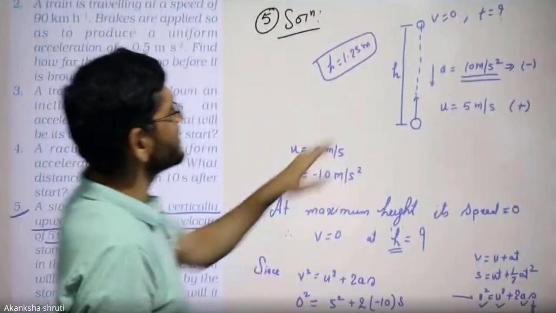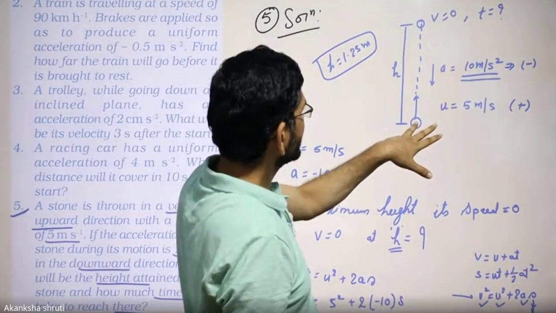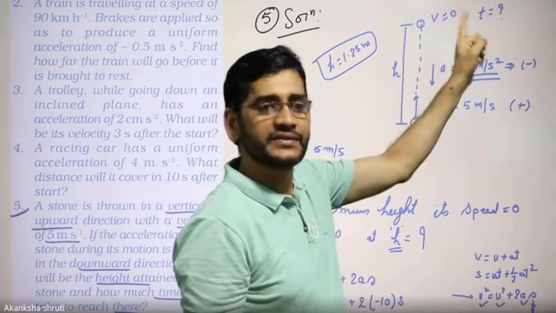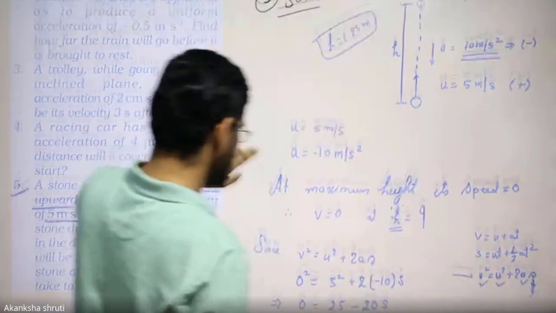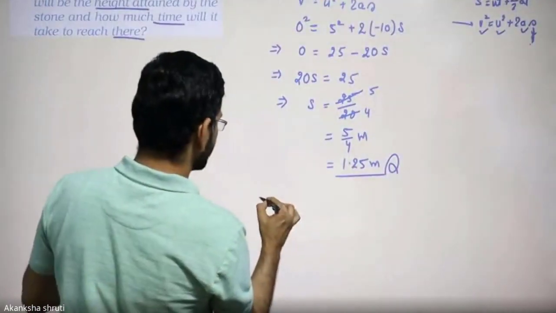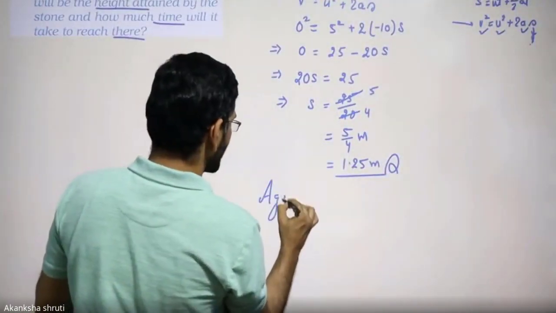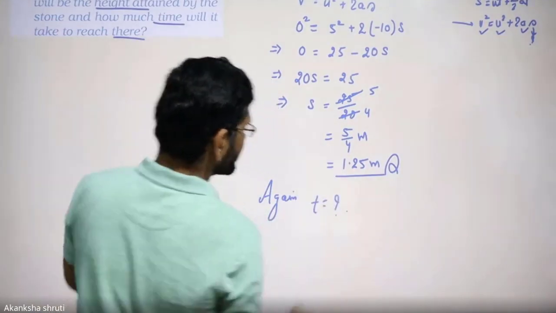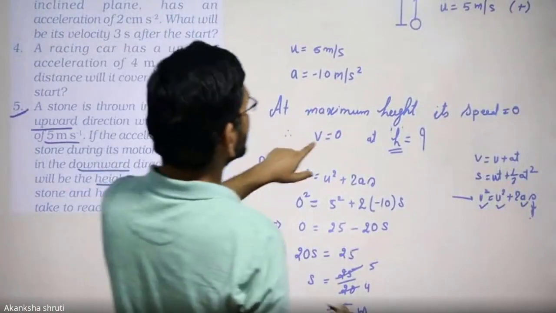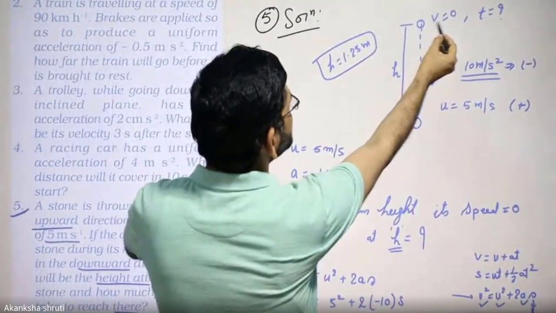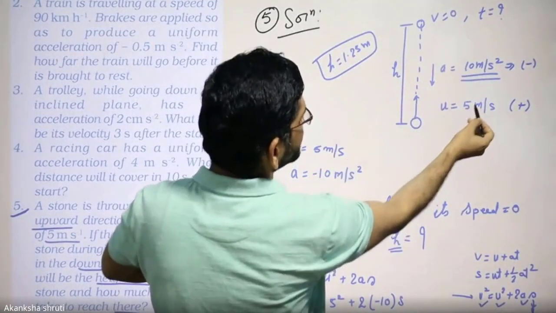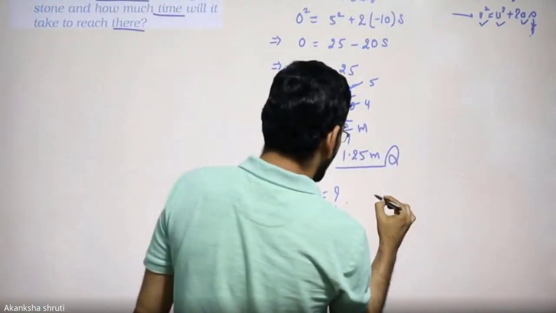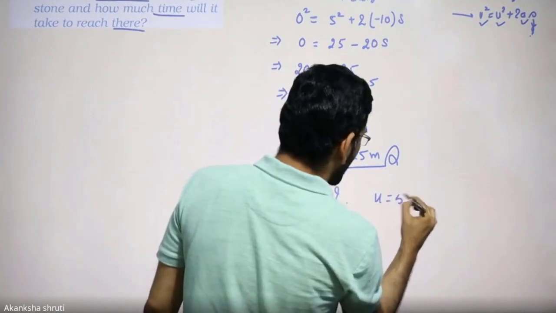Means at maximum height, यहां से ग्राउंड से टॉप तक पहुंचने में इसने कितने टाइम लिए हैं, ये कैलकुलेट करना है. ओके स्टूडेंट, so right again, what is asked, t is equal to what? t किसके लिए? देखिए स्टूडेंट, यहां तक पहुंचने के लिए, बट यहां पे v 0 है, u 5 है, a हमें पता है, आप चाहिए तो एक बार और भी लिख लीजिए, u is given as the 5 meter per second.